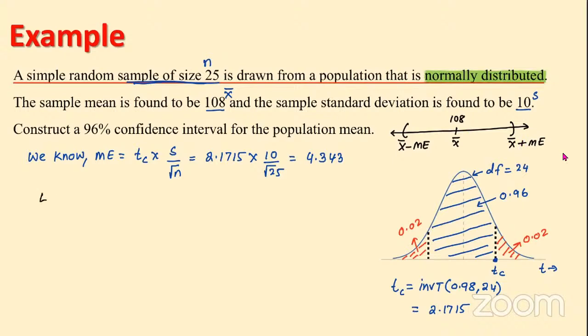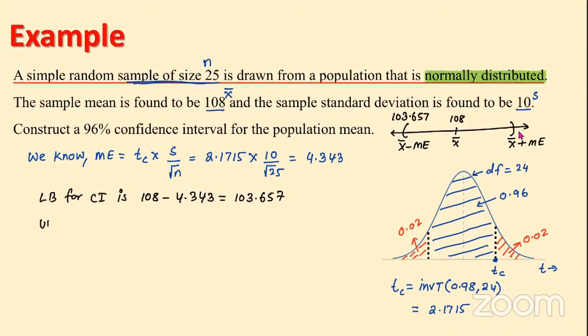The lower boundary for the confidence interval is the point estimate 108 minus 4.343. If we subtract this, we get 103.657.